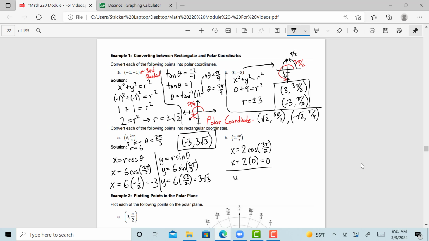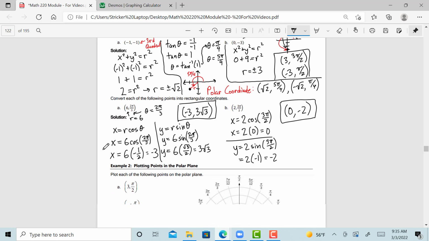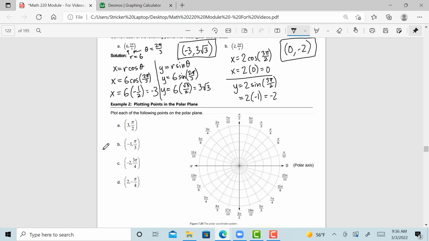And then y is equal to 2 times the sine of 3 pi over 2, which is equal to 2 times -1, which is equal to -2. So our answer in this case is that x is equal to 0 and y is equal to -2. There's our point. Okay, so that's kind of how we convert points between the two systems. Let's go ahead and talk about plotting them now.